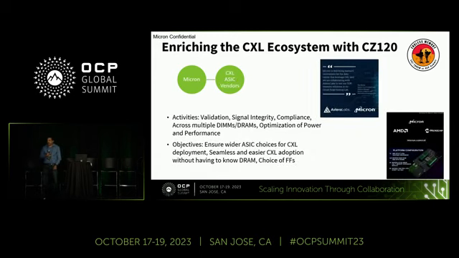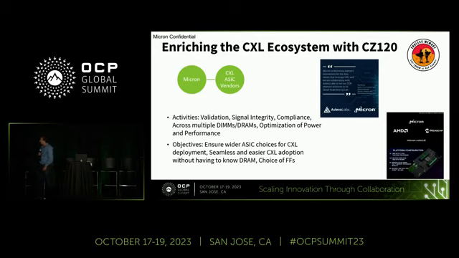ASIC vendors, our product is launched with the Microchip CXL controller, but we work with all ASIC vendors. And the goal here is to make sure that the industry has options for CXL deployment. So we work with all major ASIC vendors. We validate, we do joint qualifications, we work on optimizing the power and performance with our DDR4 and DDR5 DIMMs.